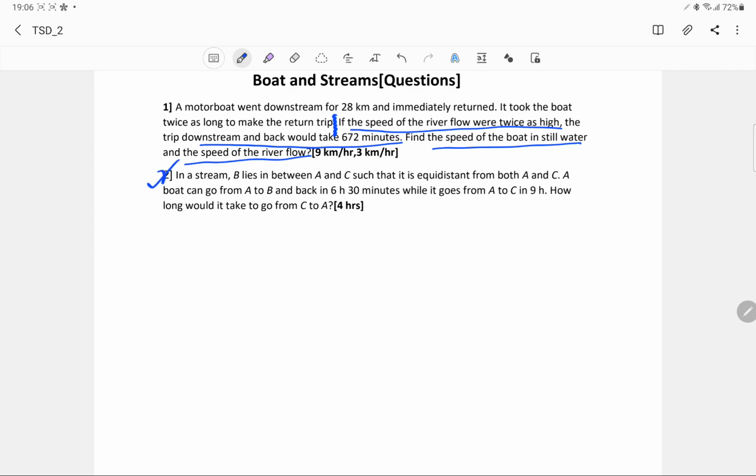The question is like this: in a stream, B lies between A and C such that it is equidistant from both A and C. So if this is A, this is C, this is equidistant, and this is B. A boat can go from A to B and back in 6 hours 30 minutes, while it goes from A to C in 9 hours. That is strange.